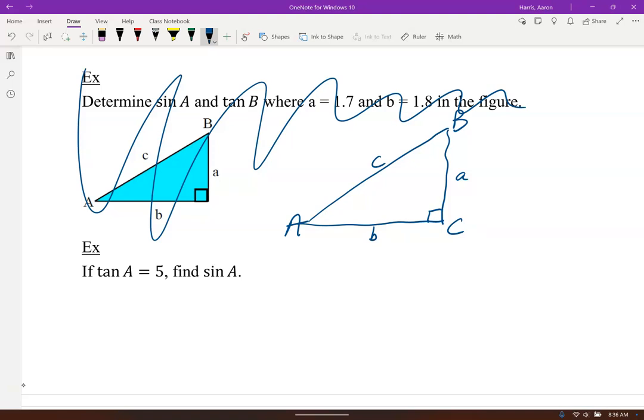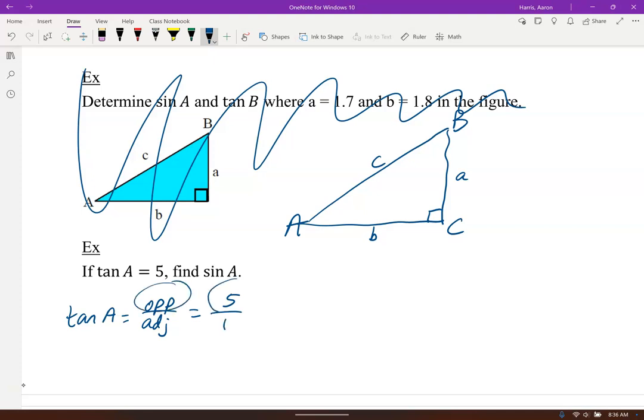And now if tangent of A, remember tangent is TOA, opposite over adjacent. And they tell us it's 5. Well, 5 over what? If it's 5, it's got to be 5 over 1.